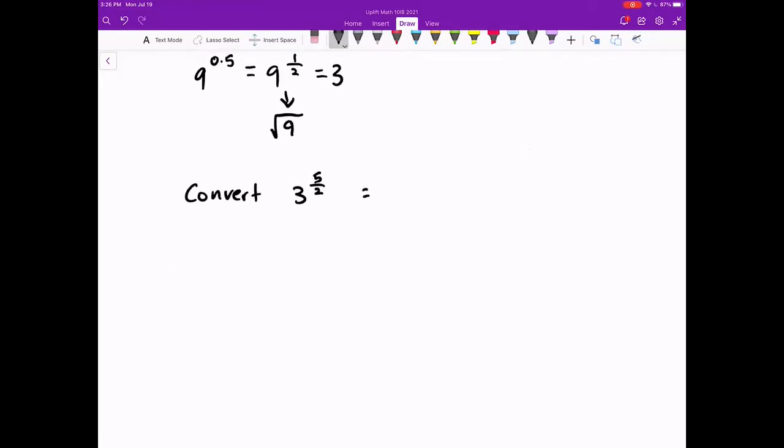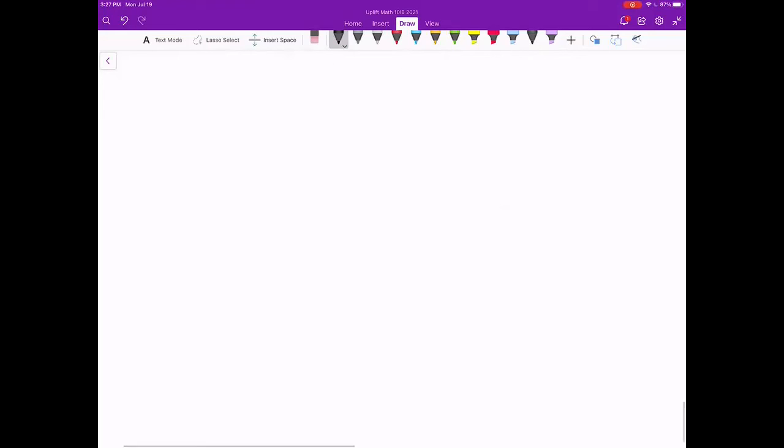So it's a square root, with the 2 outside, and 3 to the power of 5 inside. We can also write this in another way, with the power outside. It doesn't matter where the power goes. It depends on the situation. Sometimes it might make the equation easier if you put it on the outside, sometimes it's better to put it on the inside. It's all personal preference. You can choose whichever one you prefer.